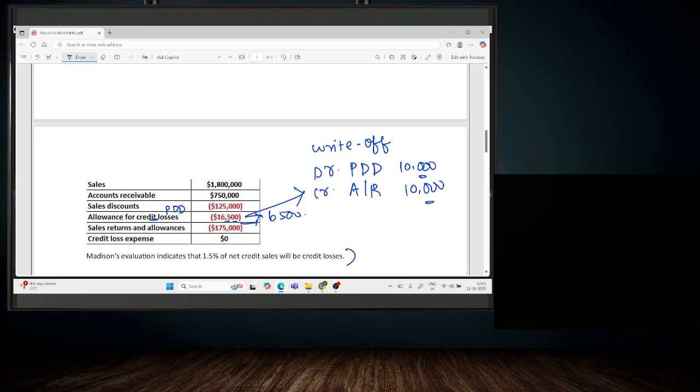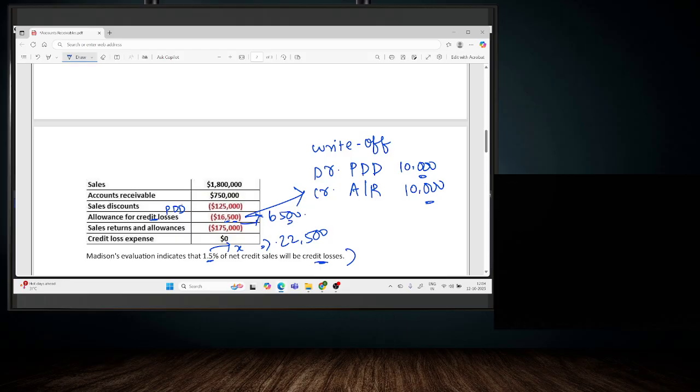For example, here you can see Madison's valuation indicates that 1.5% of credit sales will be credit losses. So what we will do is, for net credit sales of some amount X, on that X amount you will apply this 1.5%, right? And let's say you get 22,500.